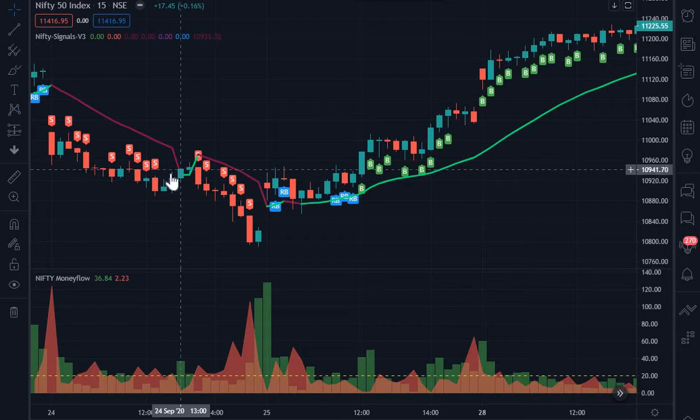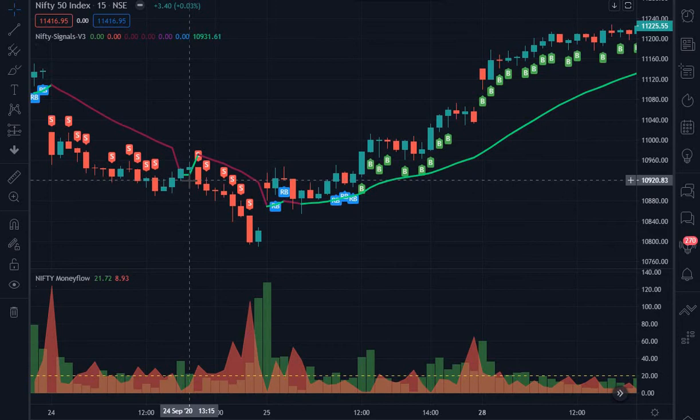Look at this part. Like I said, when this critical pivot is broken along with some other parameters, it might signify a potential change in trend. But here, though the pivot is broken, the other parameters do not signify it. Hence, this again went down. As you can see from the money flow also, the money flow is positive here, but again it just dropped here. It spiked up on the bearish side here.